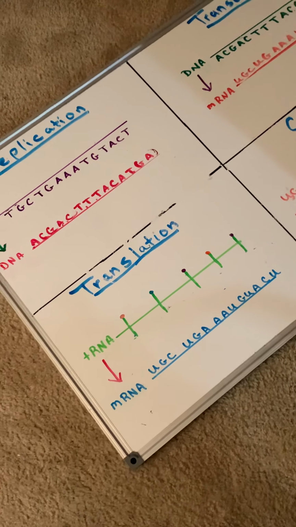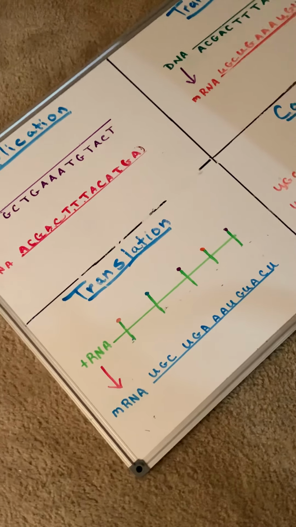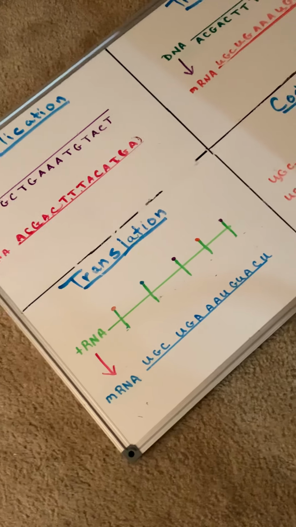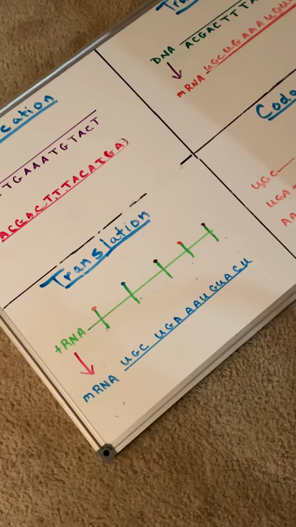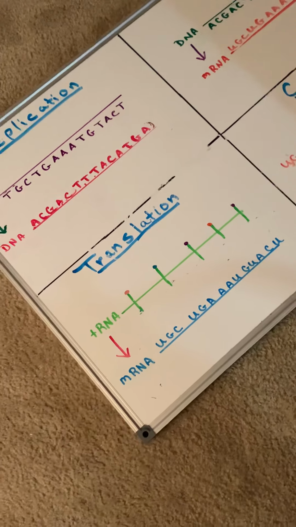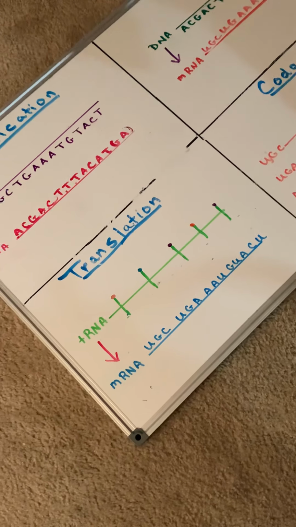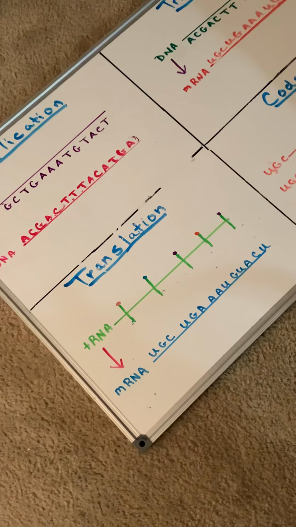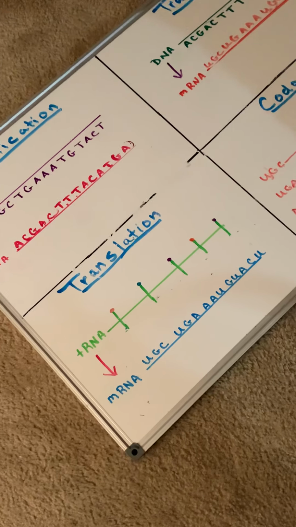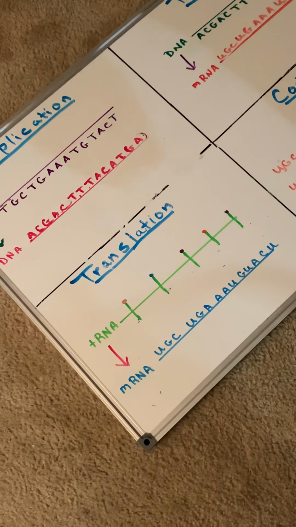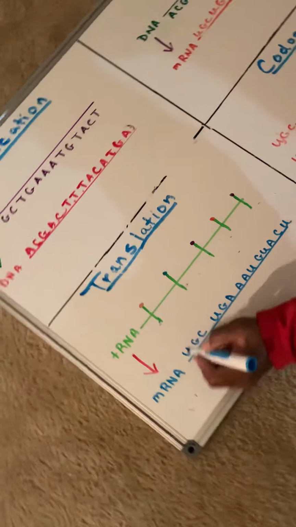Translation is the process in which proteins are being made. Where does this happen? Translation happens in the ribosomes. That being said, you need to remember that the messenger RNA molecule carries the genetic code in codons.